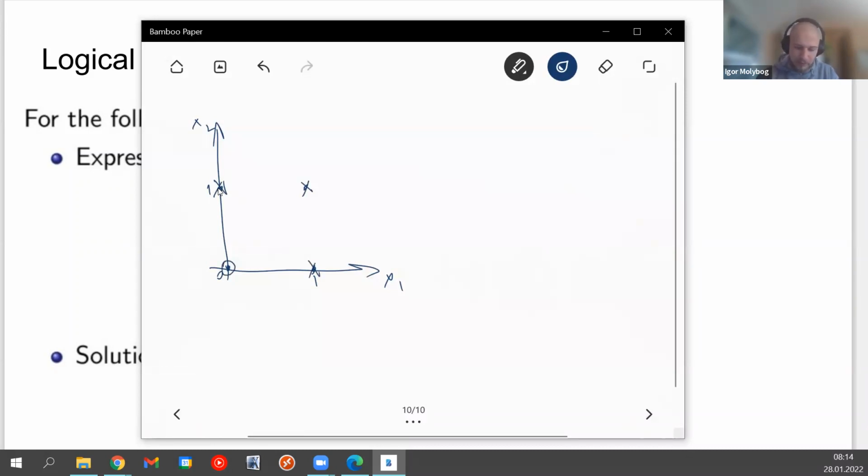It is kind of obvious that if you make any linear constraint that separates the point that does not belong to the set from the points that do belong to the set, this linear inequality would do the job.